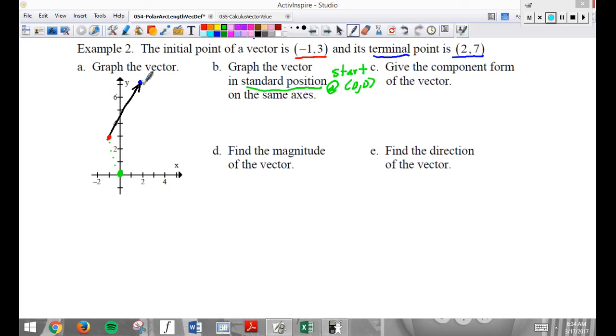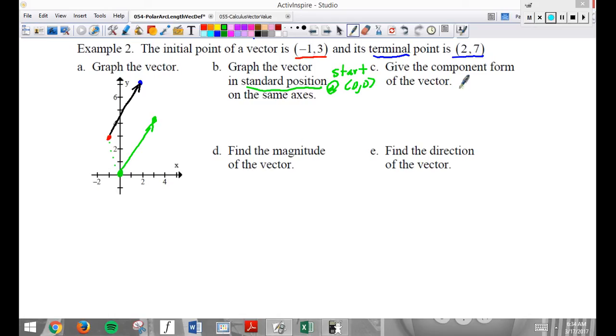And if I move this point down 1, 2, 3, right 1, we're talking about 3, 4. So that's how we get into standard position. We move the start, the base of the vector, the tail of the vector, to the origin.